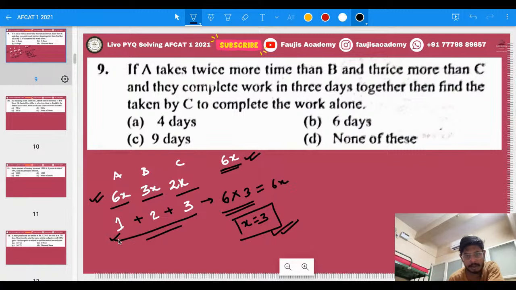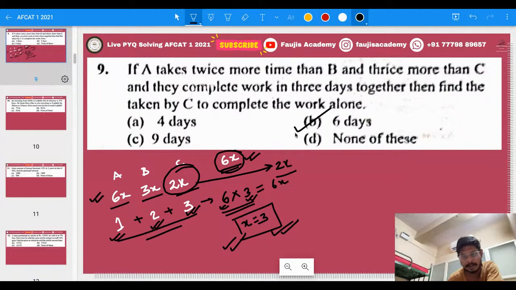A is doing 1 work per day, B is doing 2, C is doing 3. Together all three do 6 work per day, and in 3 days they complete the entire work. That means 18 work is equal to 6x, so x is equal to 3. How much time does C take to complete the work? It takes 2x days, that means 6 days to finish off the work. Yes, absolutely, Devanathan.